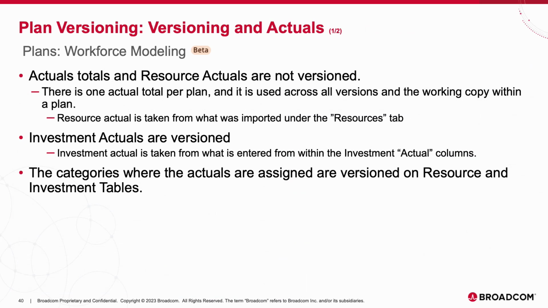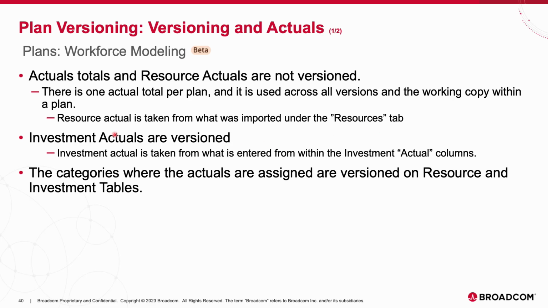So let's discuss versioning and actuals. The actual totals and the resource actual totals are not versioned. So there's only one actual total per plan, and it is used across all versions and the working copy within a plan. The resource actuals are taken from under the resource tab, and what's imported there are your resource actuals.